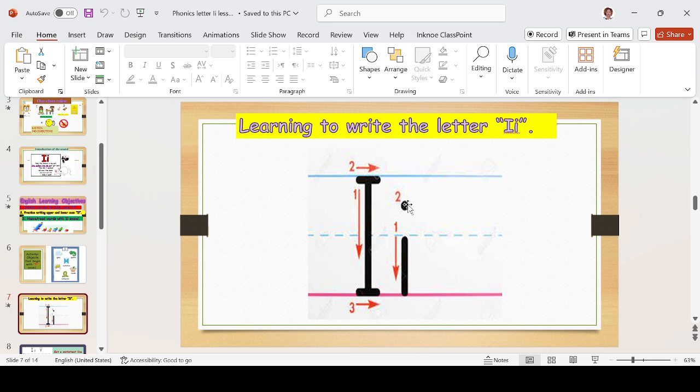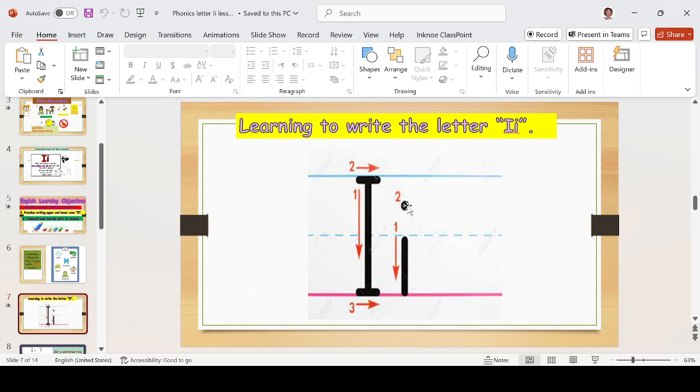Oh, that's nice. Can you try on the air first? 1, 2, 3. That's the uppercase E sound. And then the lowercase, let's do on the air, 1, 2. And the 2, we are just putting a dot. Now, I want you to write in your notebook, or on a piece of paper, roughly.